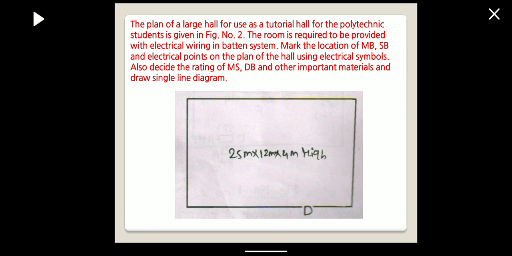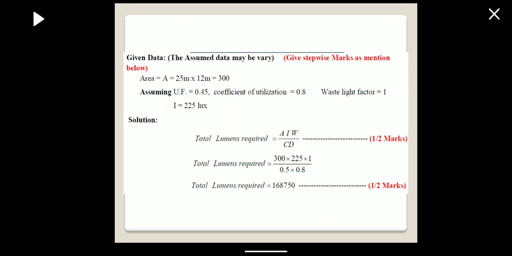So first, calculate the lumens. The area is 25 into 12 meters, that means 300 m² is the area. Assume the utilization factor is 45%, that means 0.45. Coefficient of utilization is 0.8.